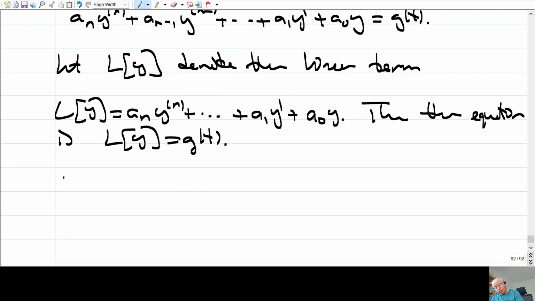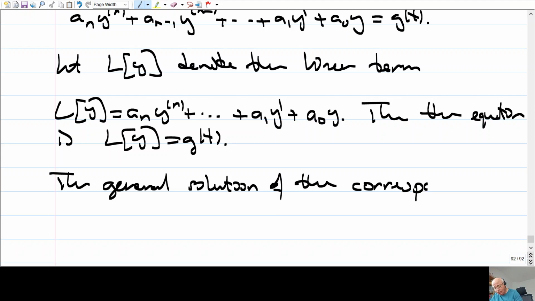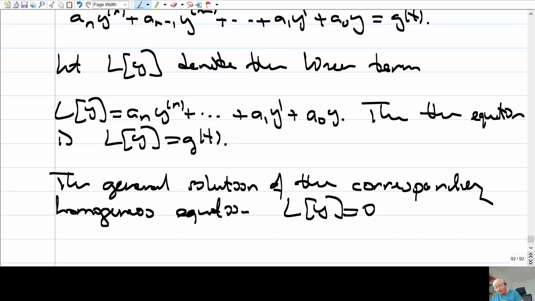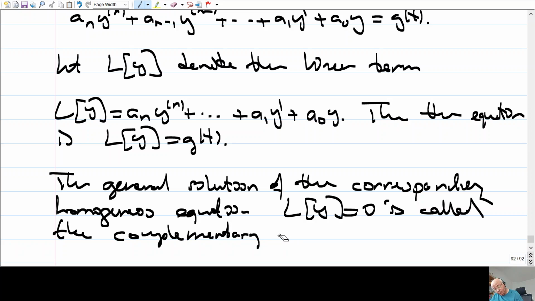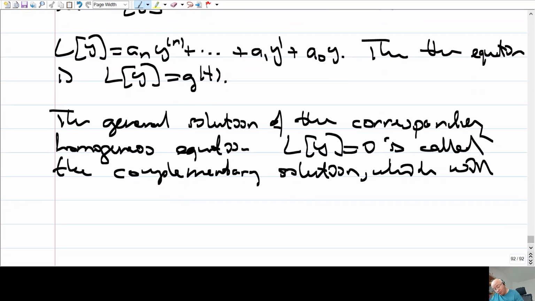As in the case of systems, the general solution of the corresponding homogeneous equation Ly equals 0, where I just let g of t be 0, is called the complementary solution, which will be denoted as yc.